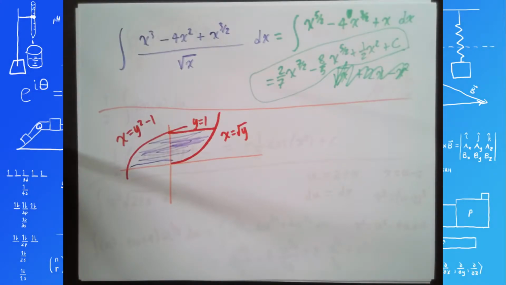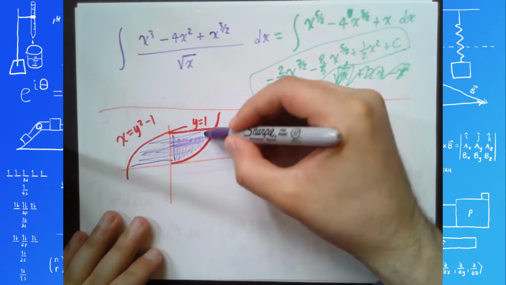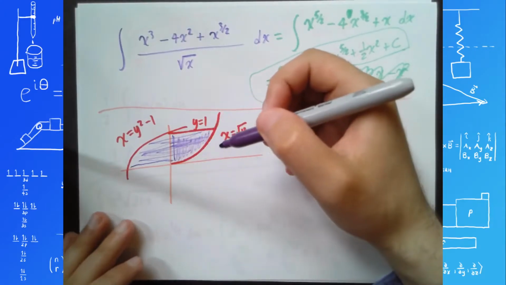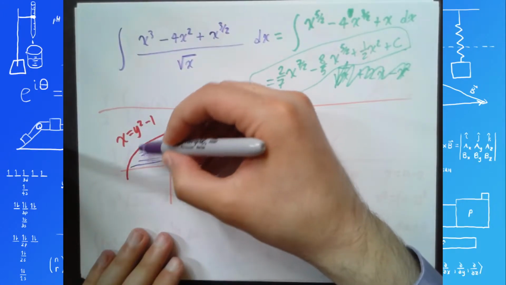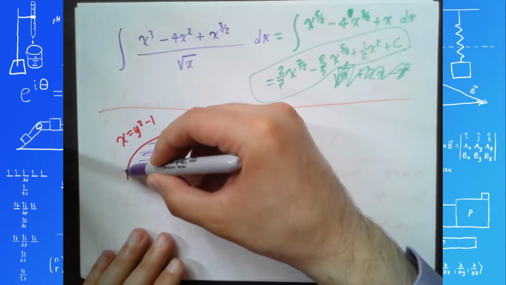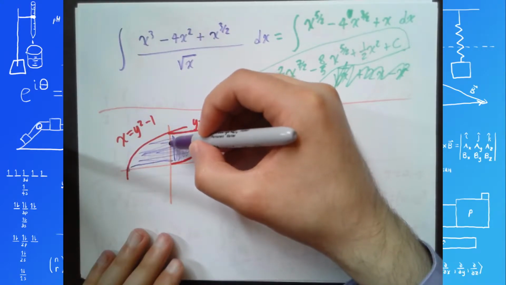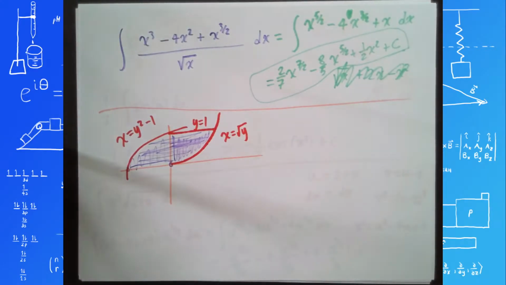Okay, so there's two ways we could do this. We could calculate the area between y equals 1 and x equals square root y in one integral, and then in another integral calculate the area under x equals y squared minus 1 from this point to this point, and just add those two areas up.